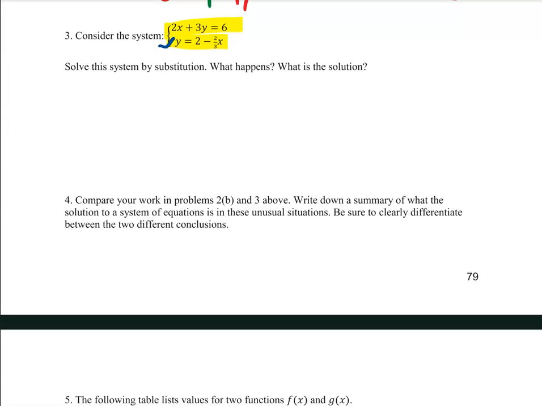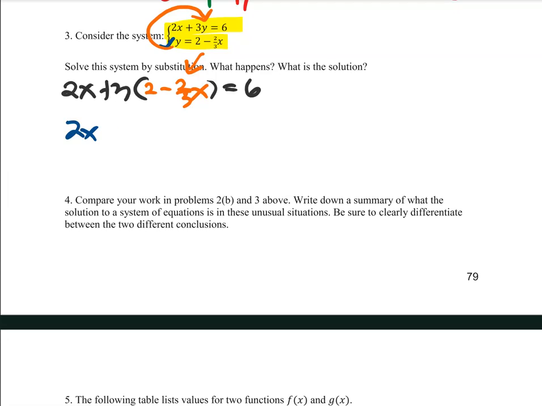You have a value of y, meaning we can substitute this value for the y of the first equation. So the first equation, 2x plus 3y equals 6. So substitute that value of y here. So 2 minus 2/3 x. See what we did here. And then simplify to solve for x.